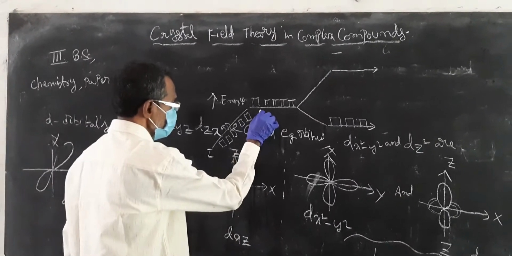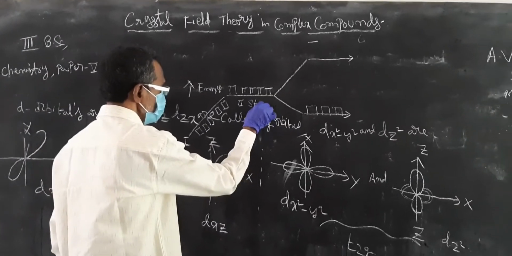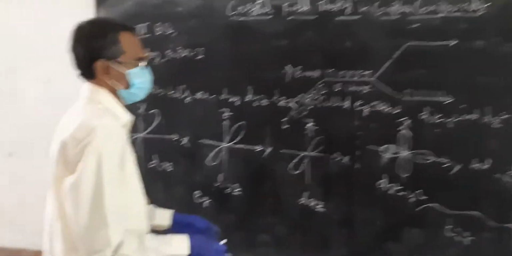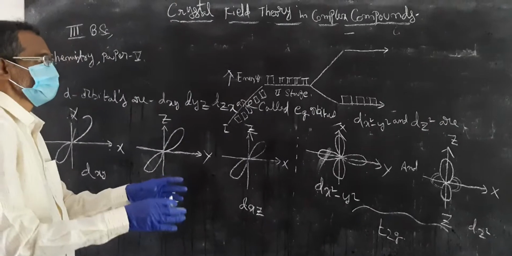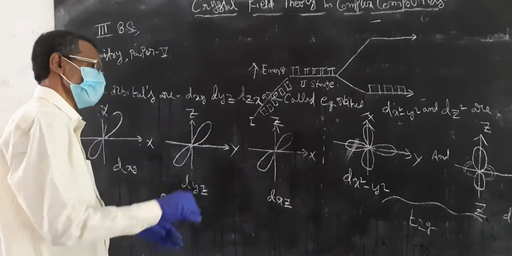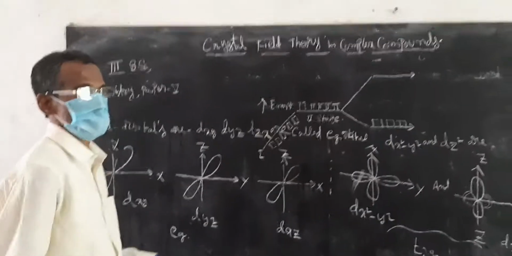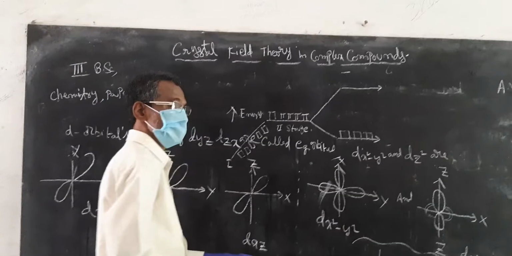Then the second stage is the approach of ligands. In this stage too, the five orbitals are equal in energy.